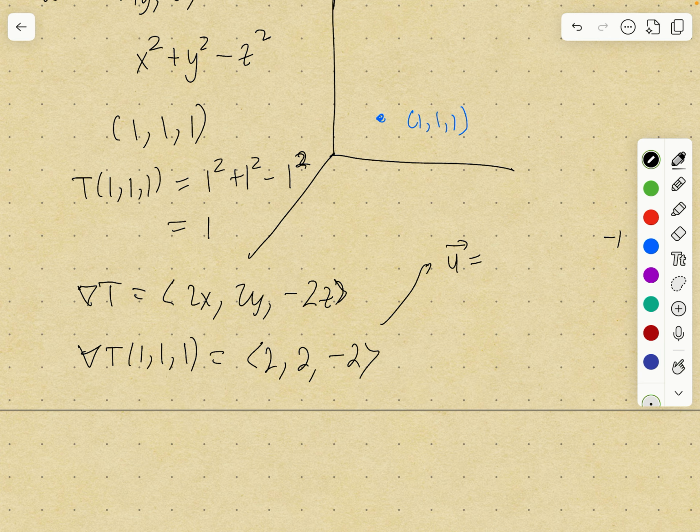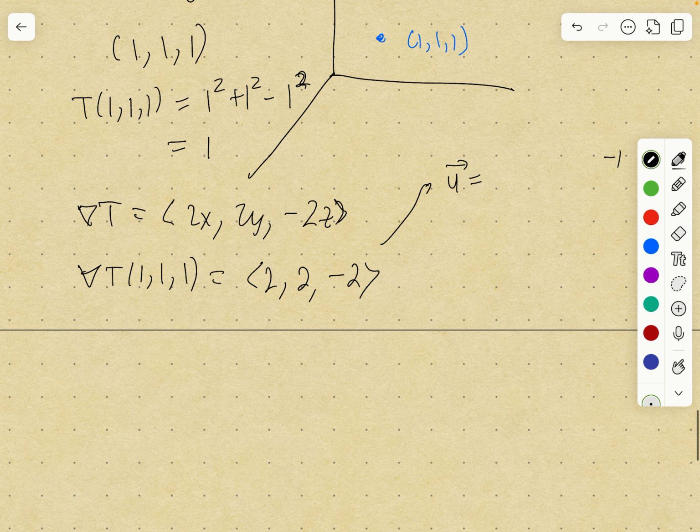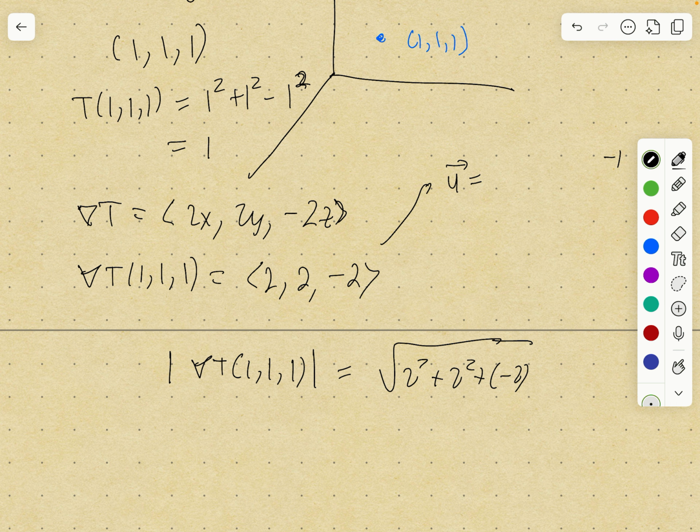What is the magnitude? Okay, I'll do out the computation. The magnitude is the square root of 2 squared plus 2 squared plus negative 2 squared, which is the square root of 12, so this is 2 root 3.